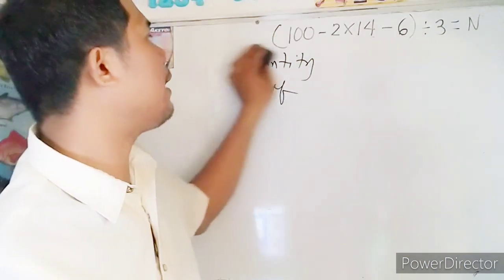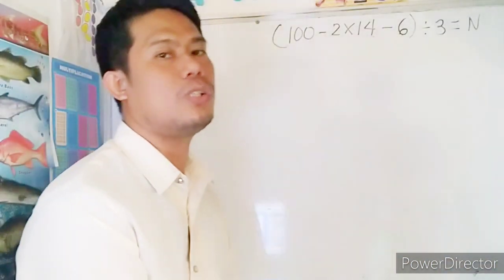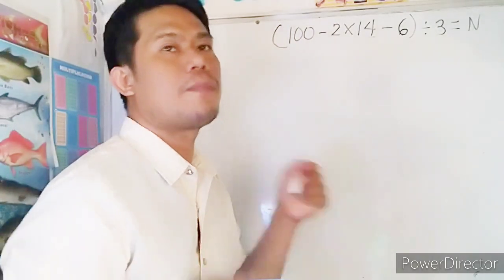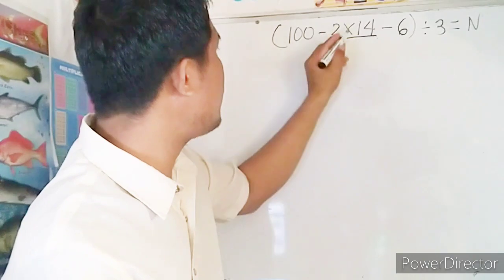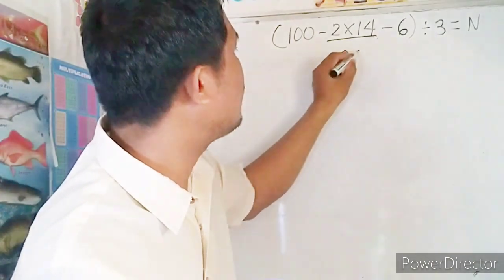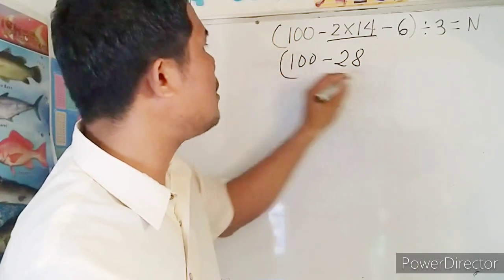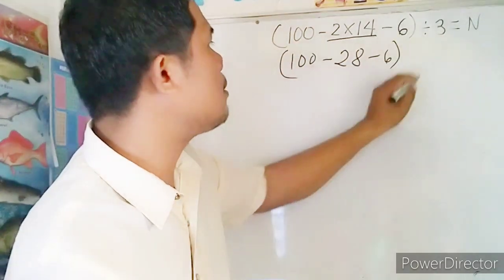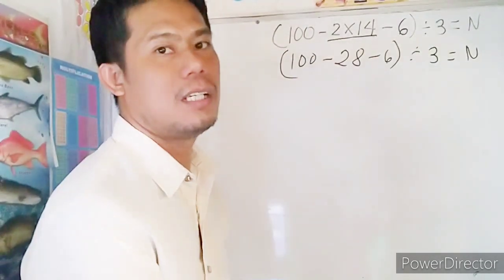Now, inside the parenthesis, class, we have multiplication and subtraction operations. So we are going to start first with multiplication. We multiply 2 times 14 equals 28. Then copy 100 minus 28, parenthesis, minus 6, parenthesis, divided by 3 equals n.